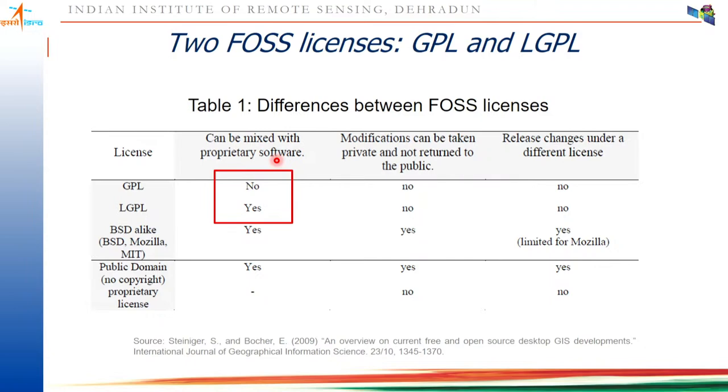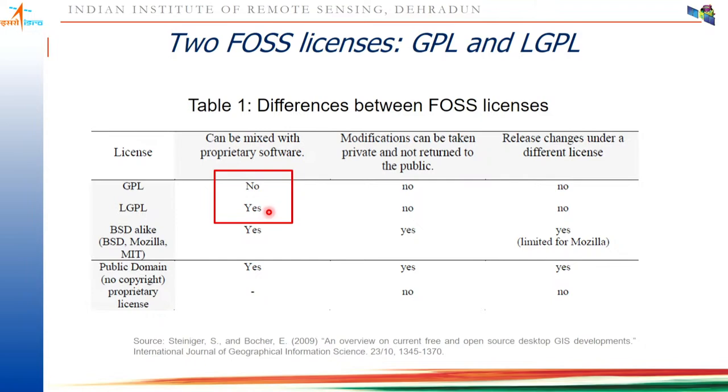Whereas certain developers feel that it will benefit the community and the research field if the software is released in a permissive license, a lesser general public license, which allows the software to be mixed with other proprietary softwares.